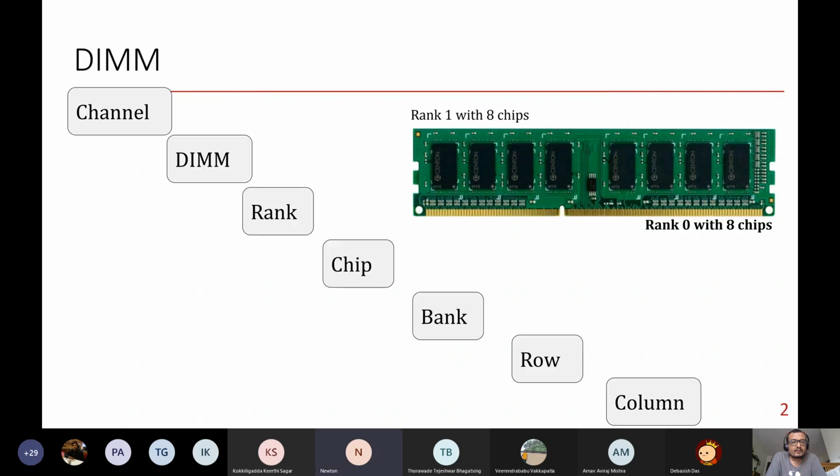I don't have that animation here, but usually, when you give a particular bank number, you go to that particular bank in all these DRAM chips. So when I say go to bank number 0, row number 0, you go to bank 0, row 0 in all these DRAM devices.